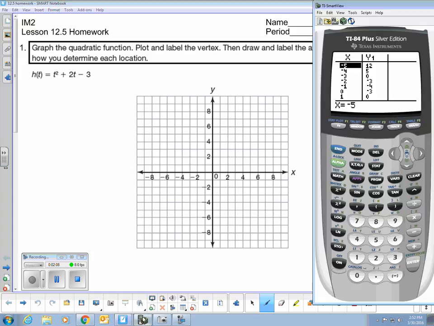So my first ordered pair is at -5, 12. That's up here off the graph somewhere.